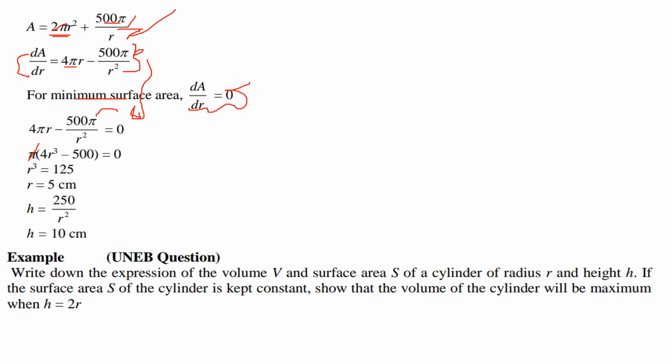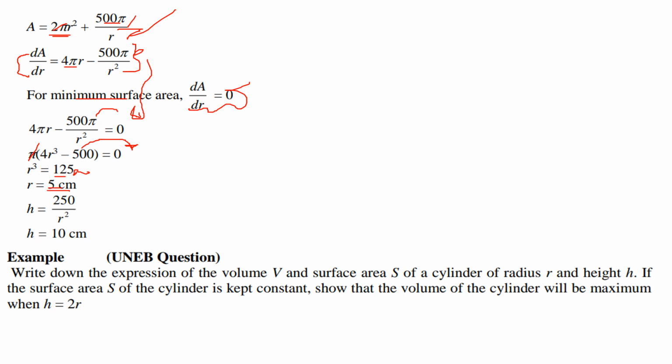So we make 4 r cubed the subject by taking 500 to this side of the equal sign, and it's going to be positive, and then we divide through by 4. 500 divided by 4, you're going to end up with 125. Now we find the cube root on both sides, and the cube root of 125, you're going to find that it's going to be 5 centimeters.